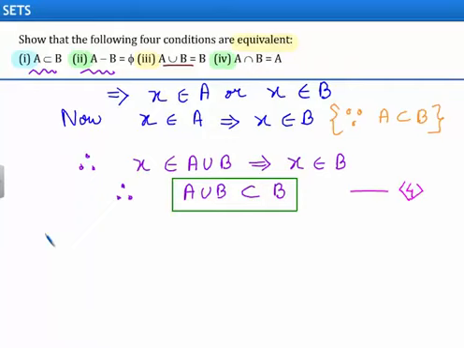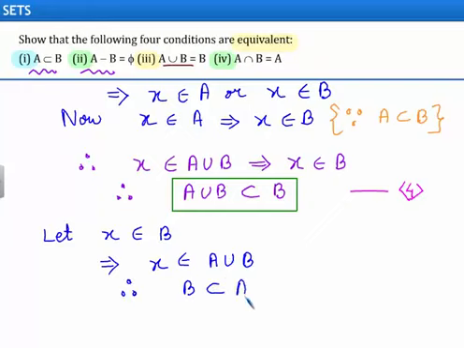Now, let us assume X belongs to the set B. This implies X belongs to A union B as well. Because B is contained in A union B, therefore B is a subset of A union B. And let us name this as 5.